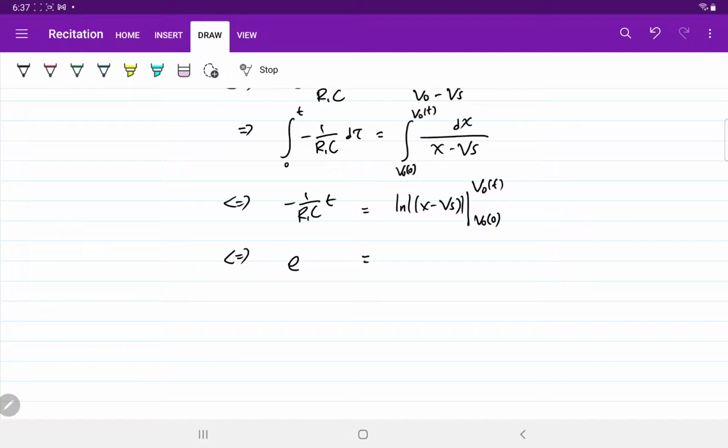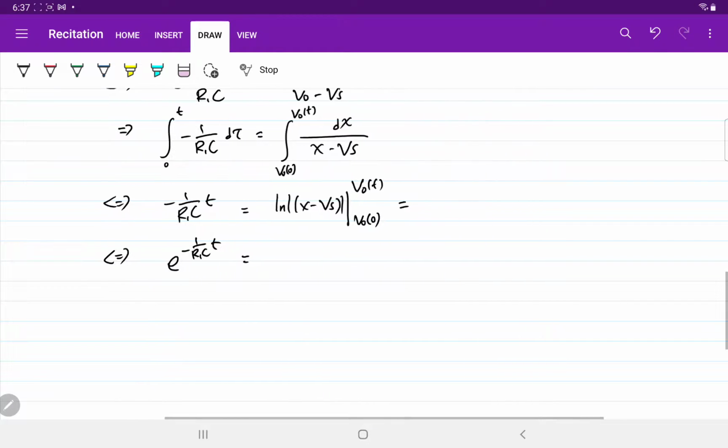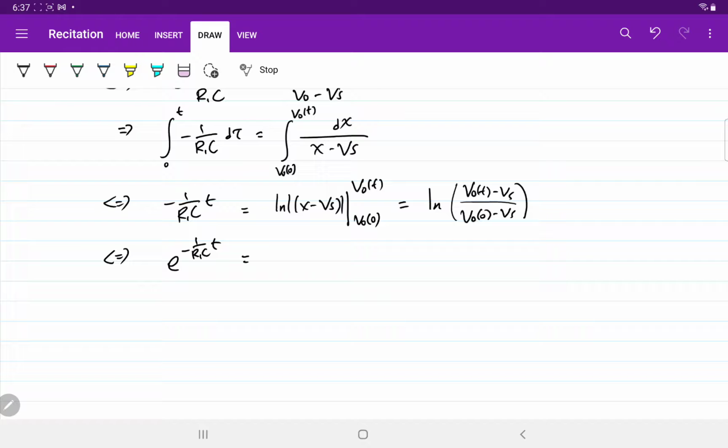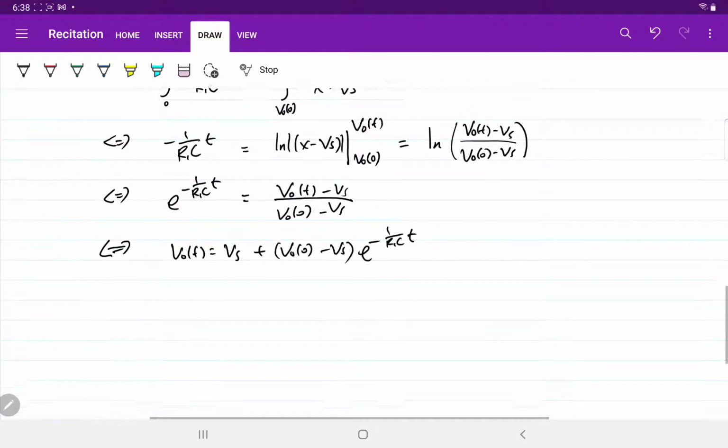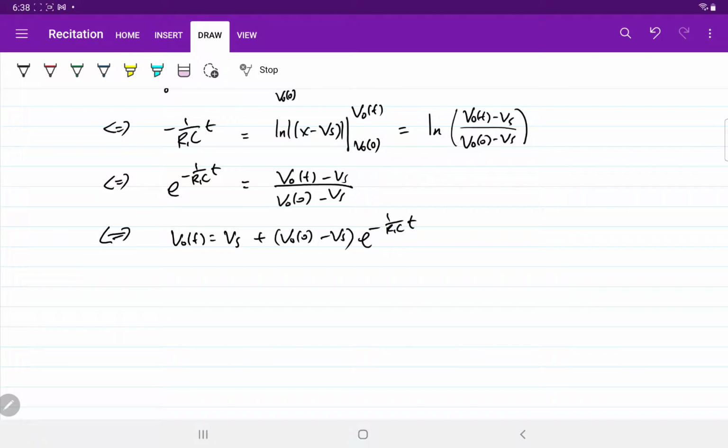We can raise it with the exponential. So this is nothing but the log of V0(t) minus Vs over V0(0) minus Vs. That gives us V0(t) equals Vs plus (V0(0) minus Vs) times e to the minus 1 over R1C t. I hope so far it is clear.